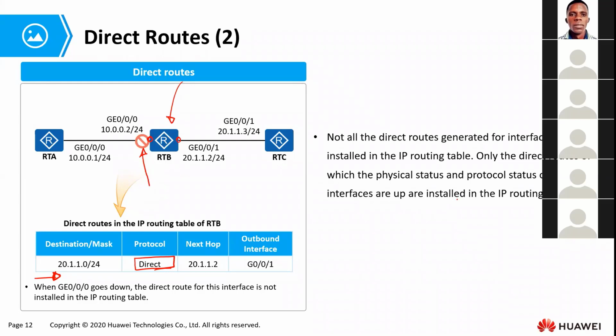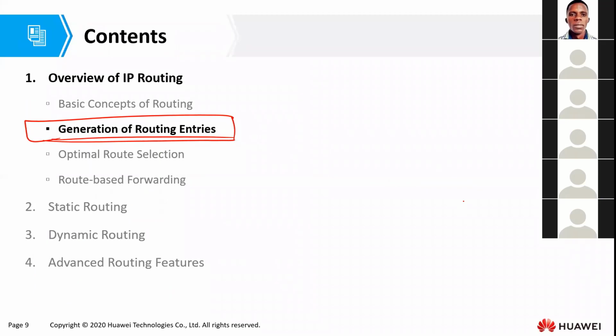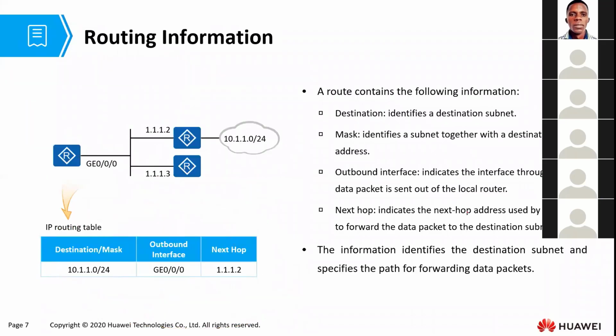Now, considering that we can have two different paths, let us say there is another router here. I'm now modifying. There's another router here.